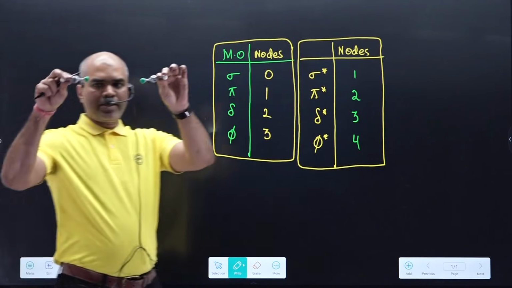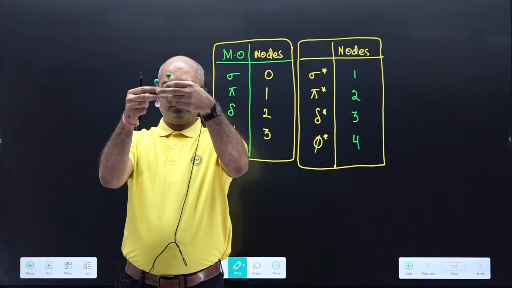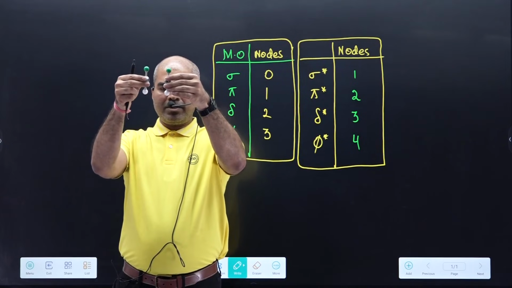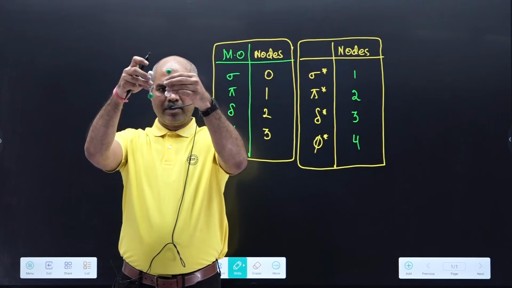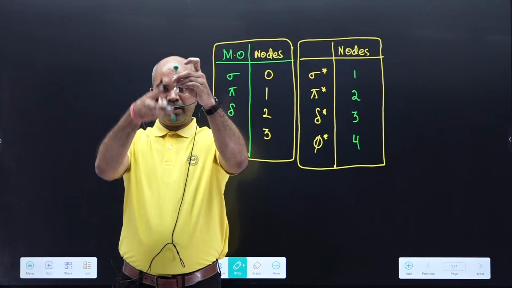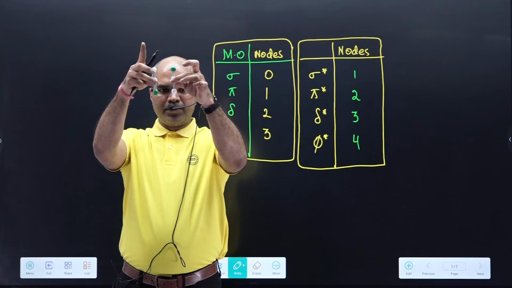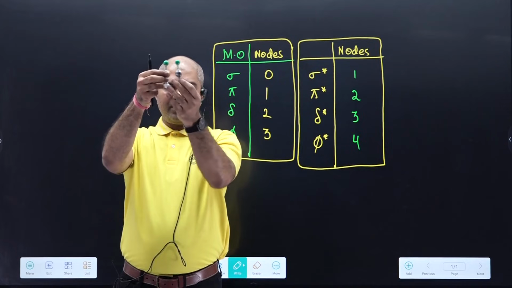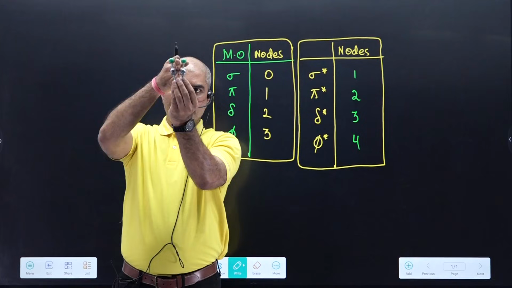Suppose this is a pi bond combination, for pi bond combination sideway overlap. If it is pi star, this is pi star, they move away. So along the internuclear axis, here there is one node, here there is second node. Did you notice it? Suppose this is the combination plus to plus, minus to minus, then here there is no node between the internuclear axis.